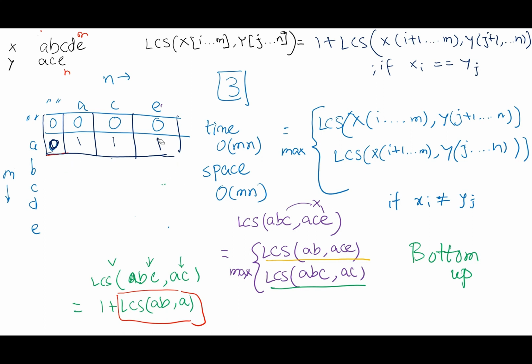So what I can do is just copy the second row to the first row. And now instead of A, B is going to be calculated, right? It's going to be 1, 1, 1. Next I copy the second row to the first row and calculate C here.